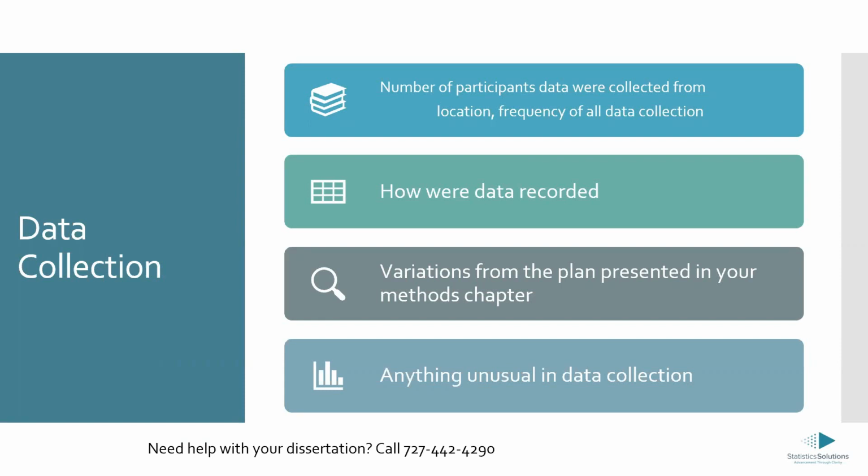Okay, the location of data collection events. Okay, maybe it was on Zoom from your home and the participant's home, but maybe you collected data a while ago and it was a private room in a library or something like that. You describe all of that here.